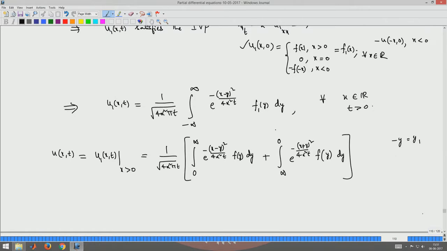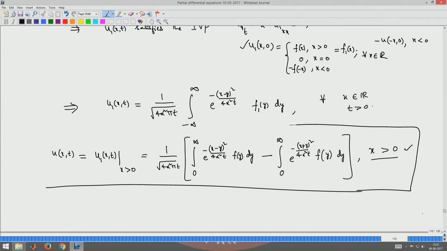So, you have plus infinity to 0, this is what it becomes. If you now change these limits to 0 to infinity, you have to replace with a minus. So, this is what you have. Now, this is only for x positive. So, this is your solution of the required initial boundary value problem, okay.